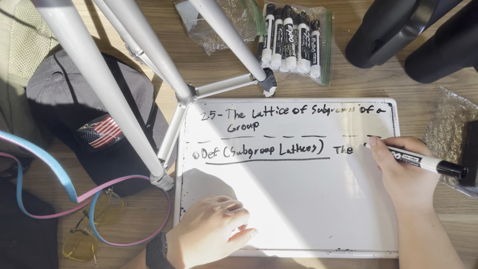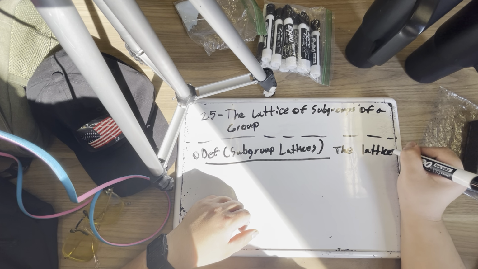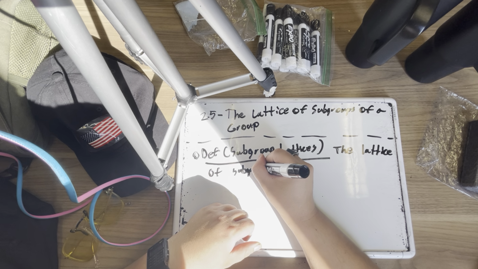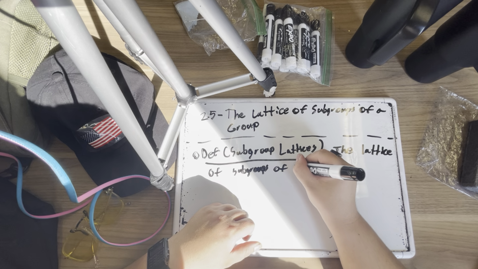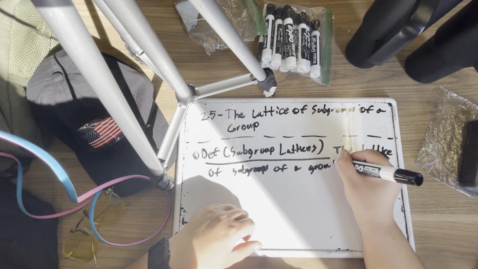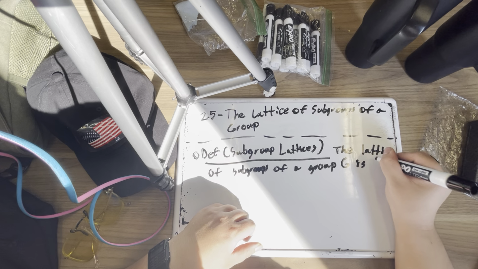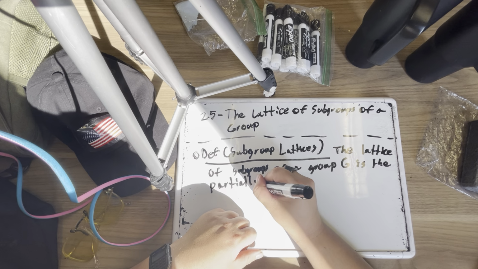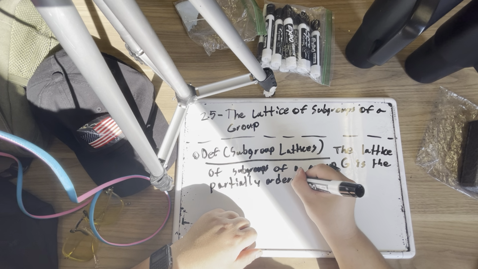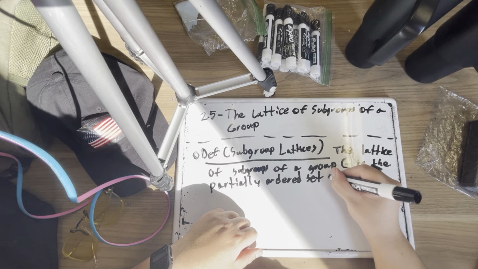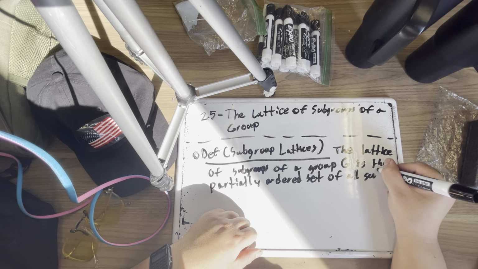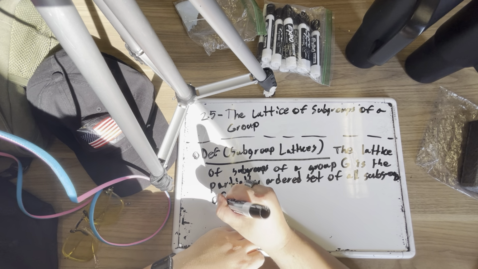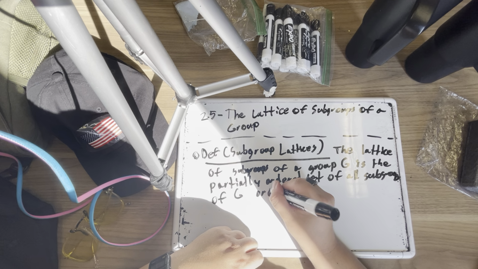So the lattice of subgroups of a group, big G, capital G, is the partially ordered set of all subgroups of capital G, the group G, ordered by inclusion.